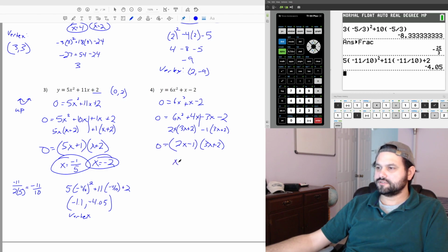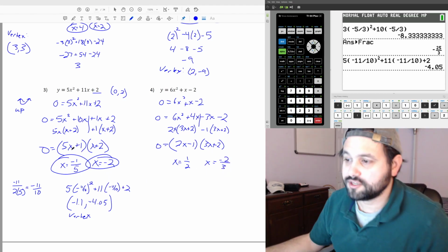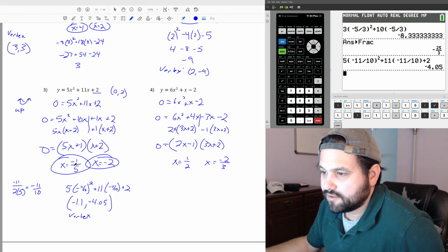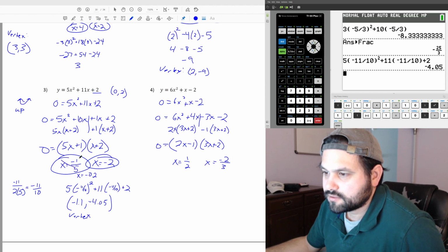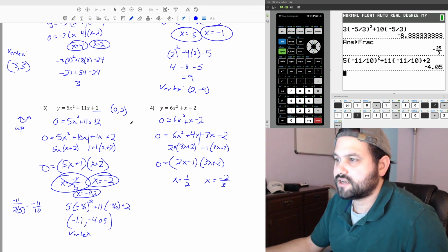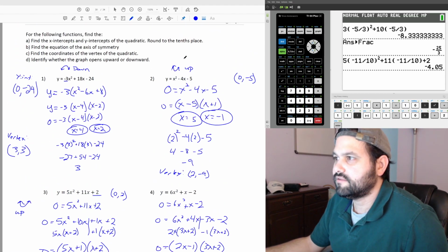Set both those factors equal to 0 and solve. And we get x equals 1/2. And we get x equals negative 2/3. Sorry, I was just thinking I probably should have gone back and written that as a decimal, right, because I just remembered for x-intercepts and y-intercepts, it did say to round to the nearest tenths place.